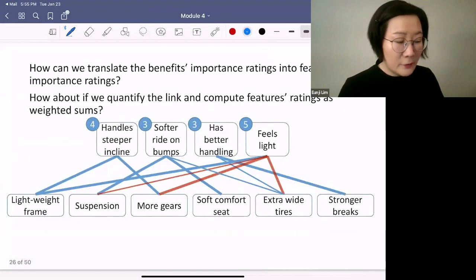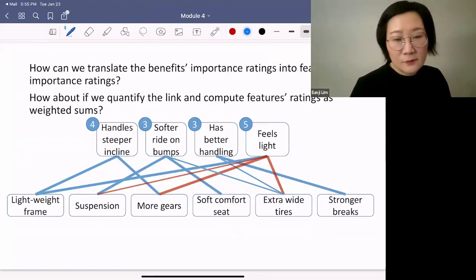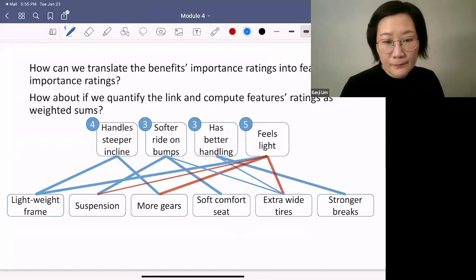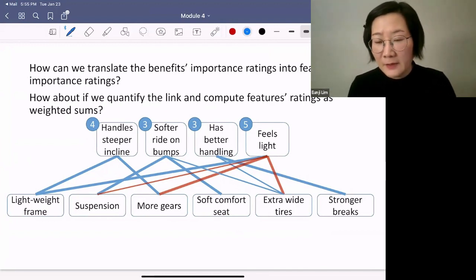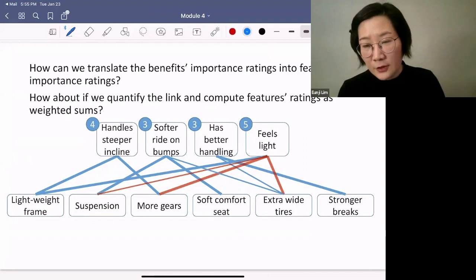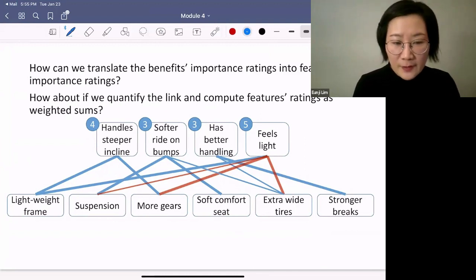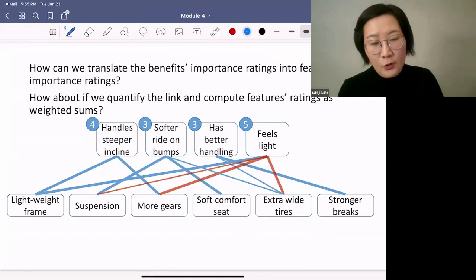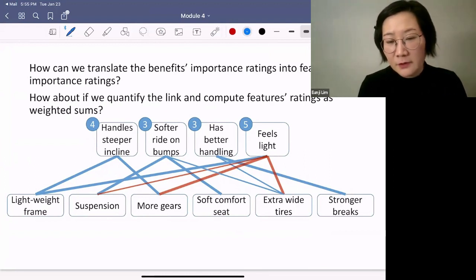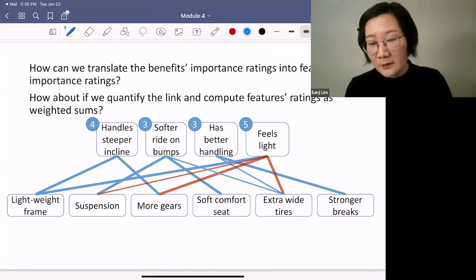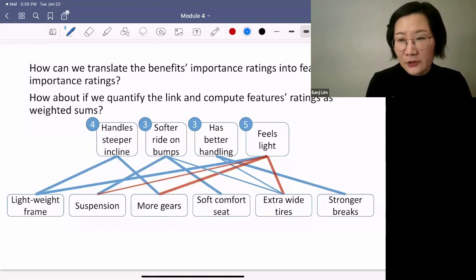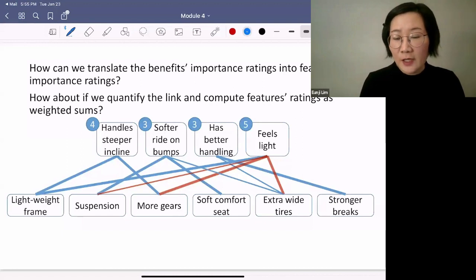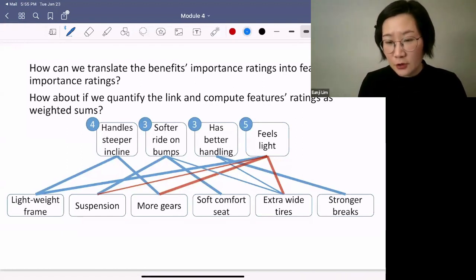How about if we quantify the link and compute feature ratings as weighted sums? So, for example, we have positive relationship and negative relationship. We have stronger relationship and we have weak relationship. So we can assign a positive number to positive relationship and a negative number to negative relationship. We can assign a higher number to a stronger relationship and a lower number to a weaker relationship.